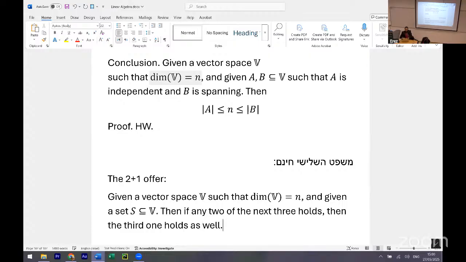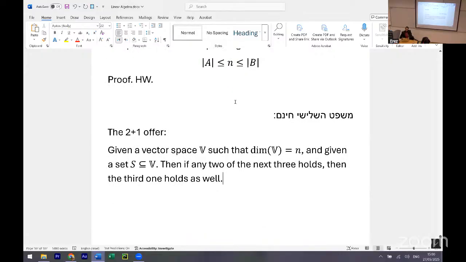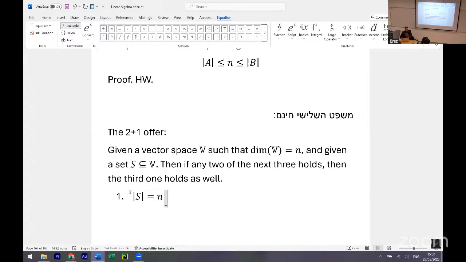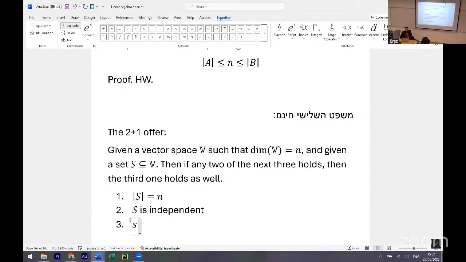You get the third for free. That's why in Hebrew we say shlishi chinam. For any two, you get the third. The three are: 1, the number of elements of S is exactly n. 2, S is independent. 3, the span of S is the entire vector space.